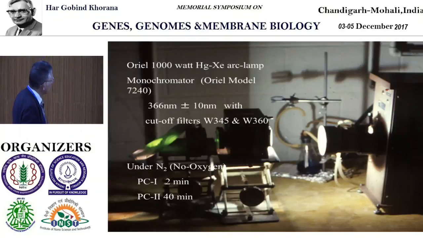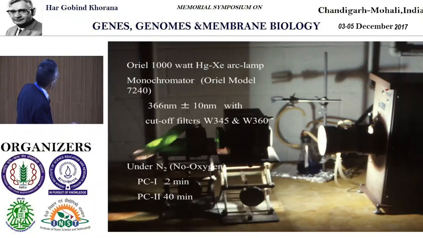So we tried to see the membrane embedded portion using phospholipid-containing photoactivatable probes. And to do that, we checked into the conditions. Finally, we ended up using an arc lamp, 1,000 watts, mercury xenon arc lamp, but we passed the light through the monochromator, and then to make sure that we don't get any stray light, we purified the light with filters cutting at 345 and 360.